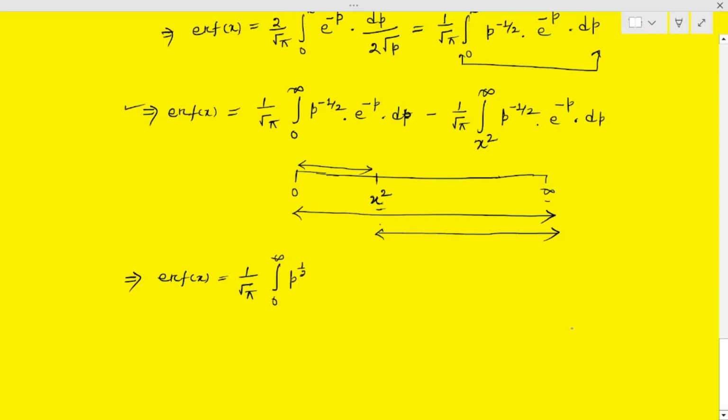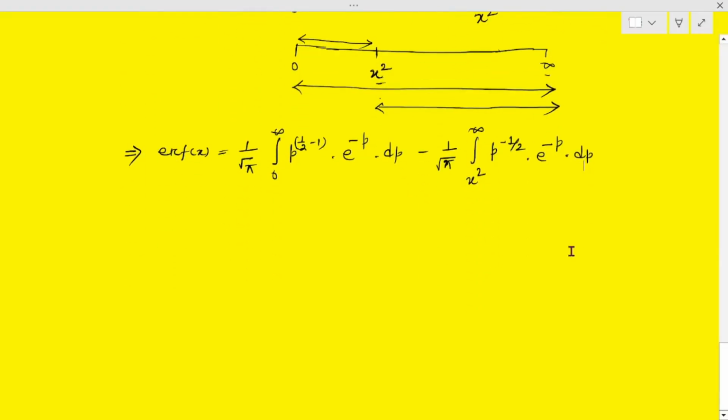Half minus 1. Half minus 1 is nothing but minus half, into e to the power minus p dp. And the second integral you just write as such: 1 by root pi, x square to infinite, p to the power 1 by 2 into e to the power minus p dp.